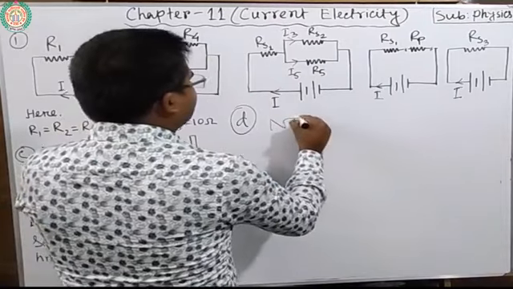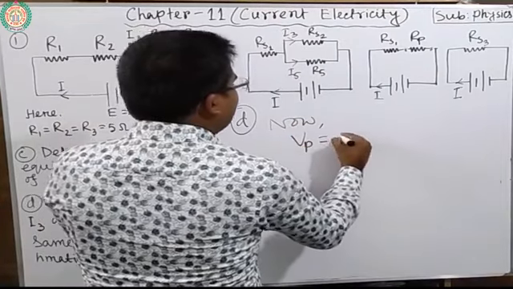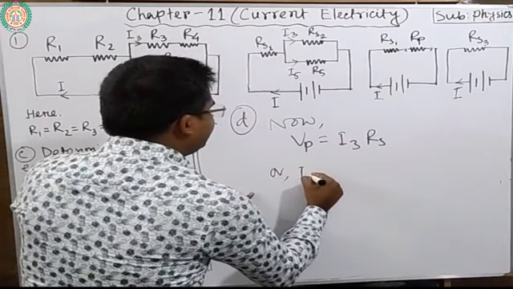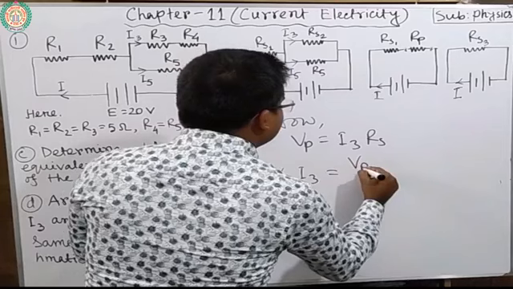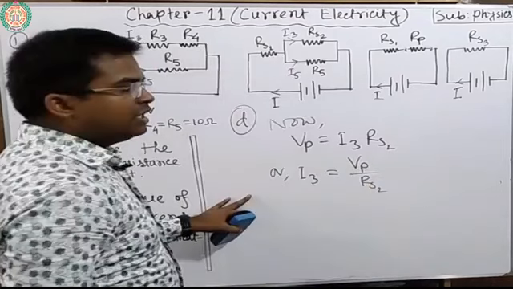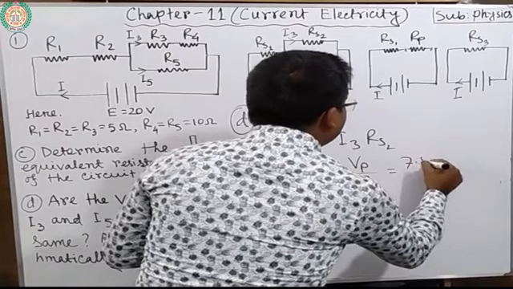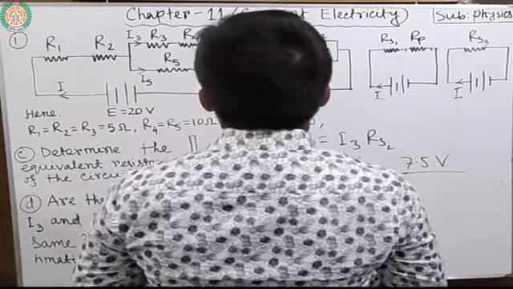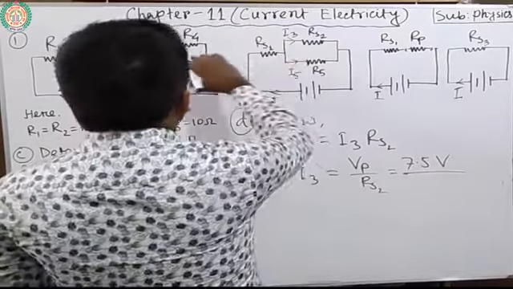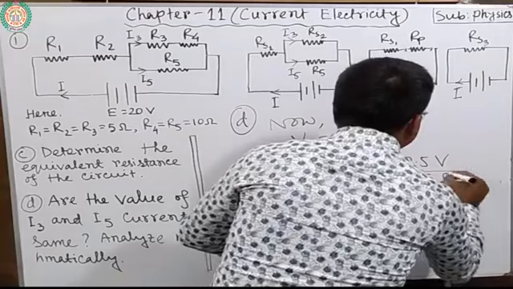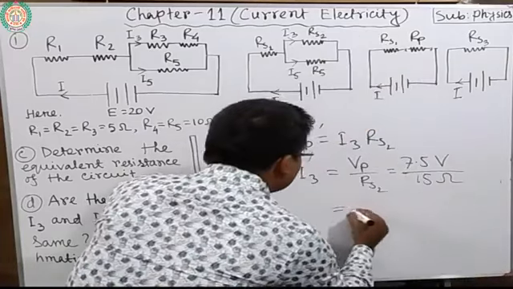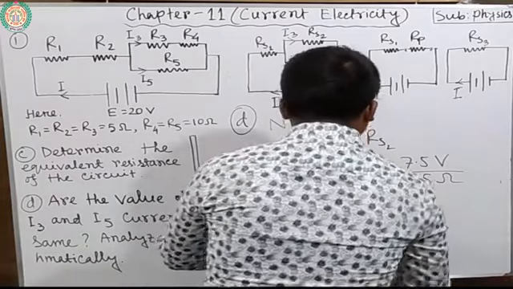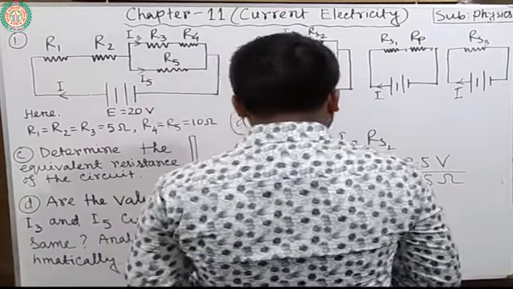Now we can write Vp is equal to I3 RS2, or I3 is equal to Vp divided by RS2. The value of Vp is 7.5 volt, and the value of RS2, dear students, will be 15 ohm. So it will be 0.5 ampere. The value of I3 will be 0.5 ampere.